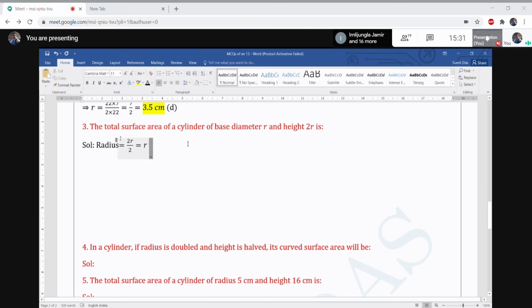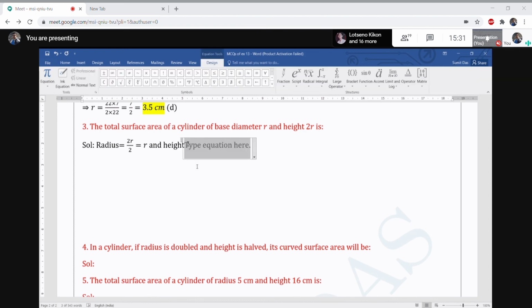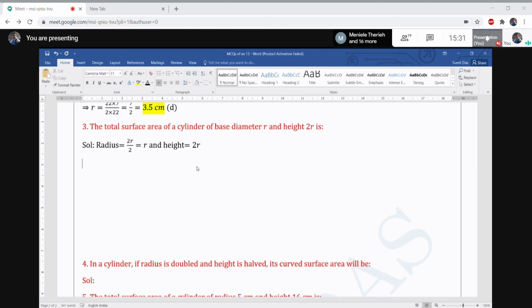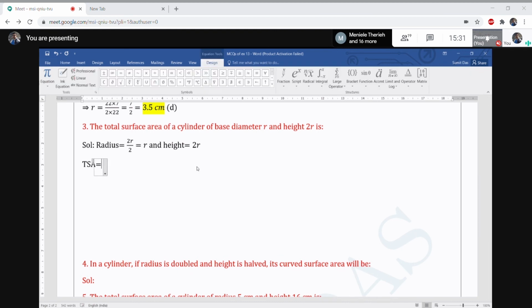Now find the total surface area. Height is given as 2r. What is the TSA formula? Total surface area is 2 pi r times r plus h.